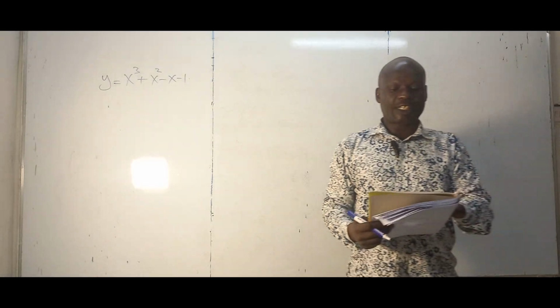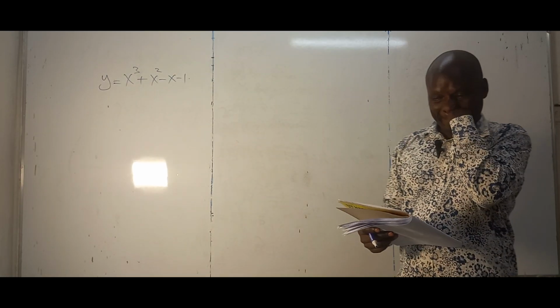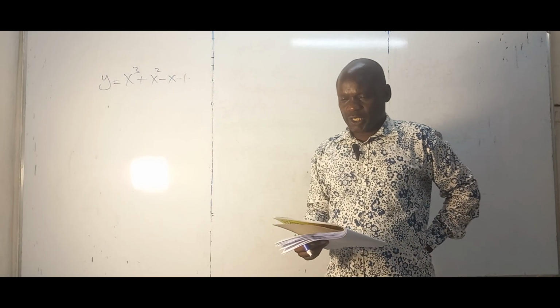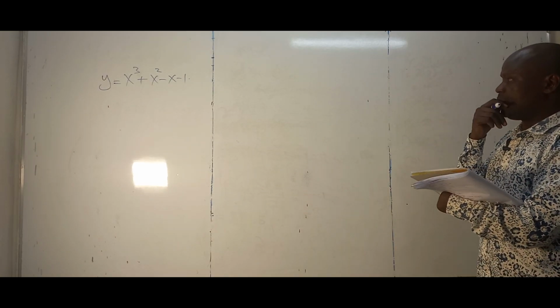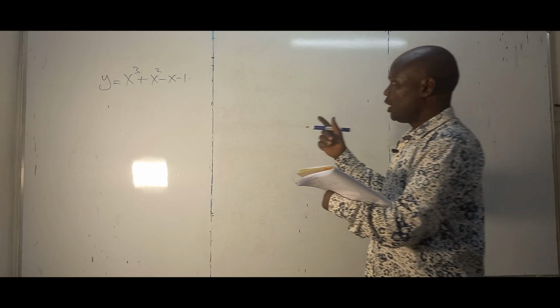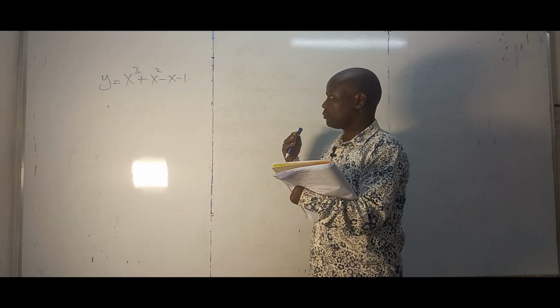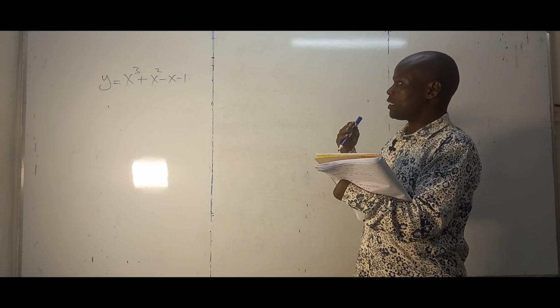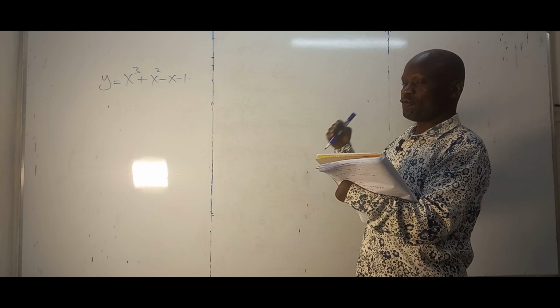Then we are asked to determine the stationary points of the curve. For us to determine the stationary points, we would need to get the derivative of this and equate it to 0. The reason is that by getting the derivative of a function, we are getting the rate of change.